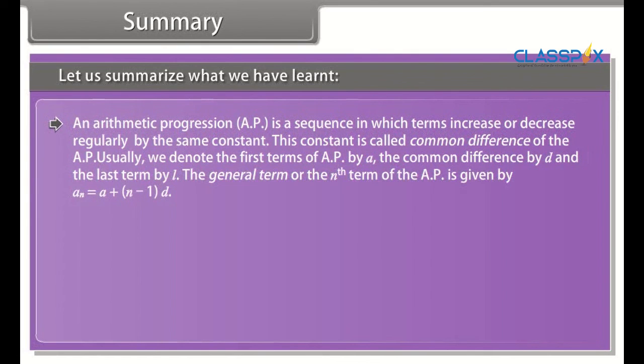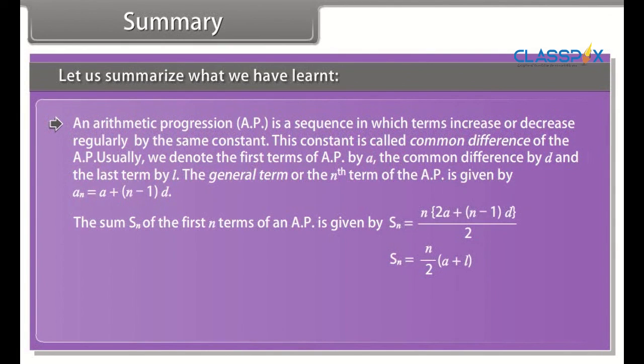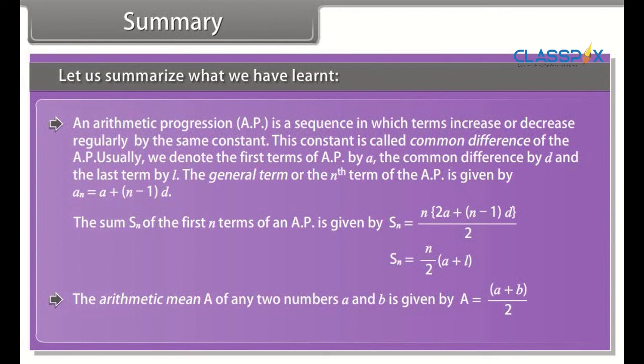Usually we denote the first term of AP by A, the common difference by D, and the last term by L. The general term or the nth term of the AP is given by the sum Sn of the first n terms of an AP is given by the arithmetic mean capital A of any two numbers A and B is given by this. That is, the sequence A, capital A, B is an AP.